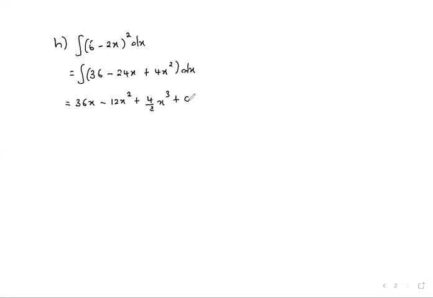Okay, so how has 24 become 12? Because we are doing 24x squared over 2. So the 2 into 24 you get 12. Then what about 4 over 3? Because we have 4x squared, so when we add the 1 and divide by the same, you get 4x cubed over 3.